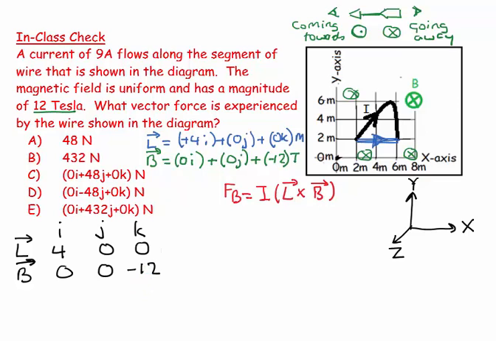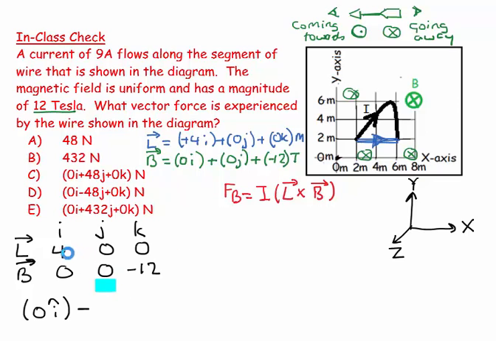Then I do my cross product, and remember what we do, we cover over the i column, and I cross multiply 0 minus 0, which is 0i. Then I put a negative down, and I turn my attention to the j column.